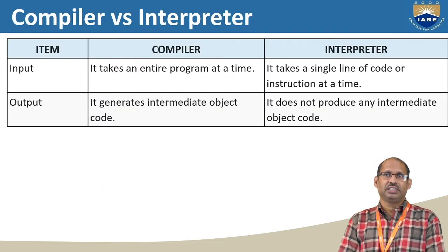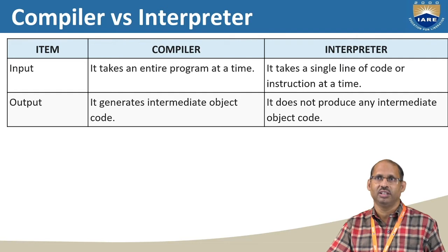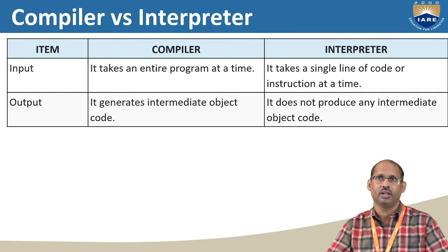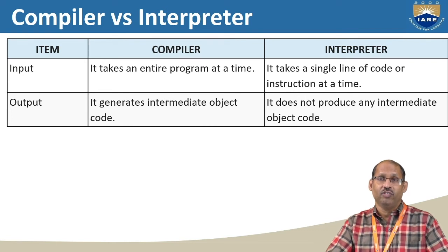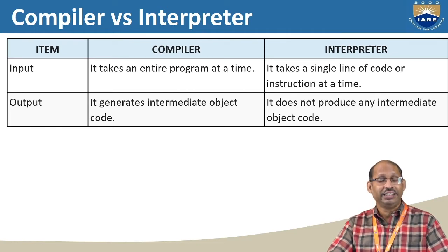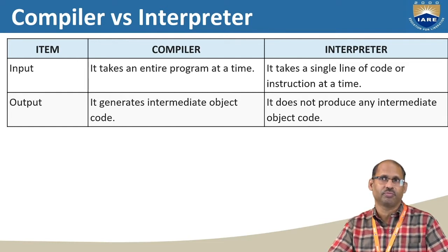So now we'll discuss the comparison between compilers and interpreters. Right? The first one, what is the input? The compiler takes the entire source program at a time and completely converts it to the object program.